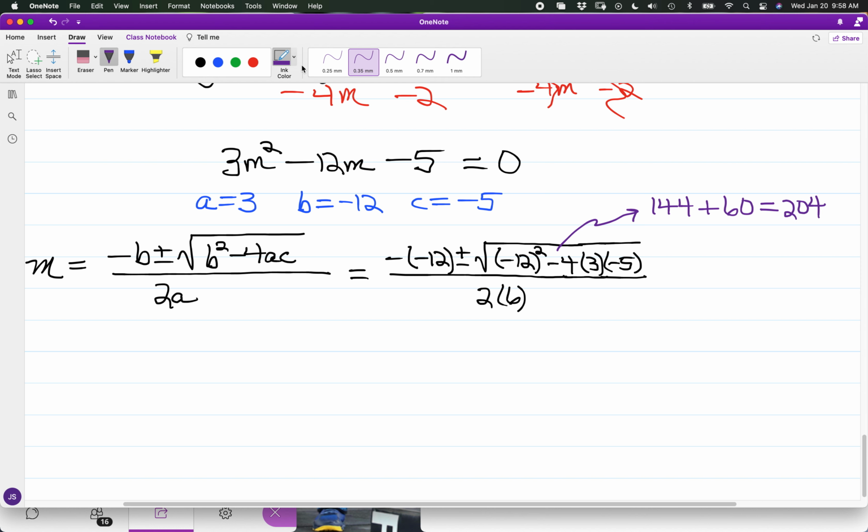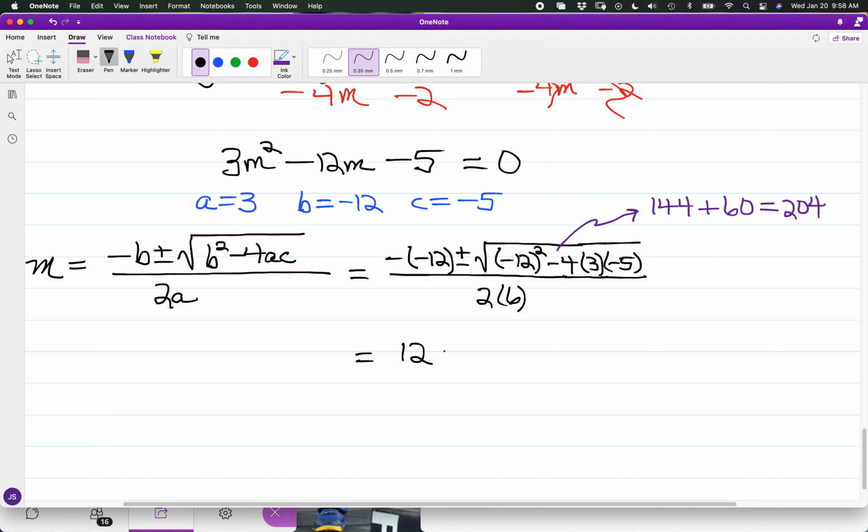Okay, and so we'll have 204. And while 204 is not a perfect square, it is nonetheless a kind of even number where the square root of the amount is reducible in square root terms.